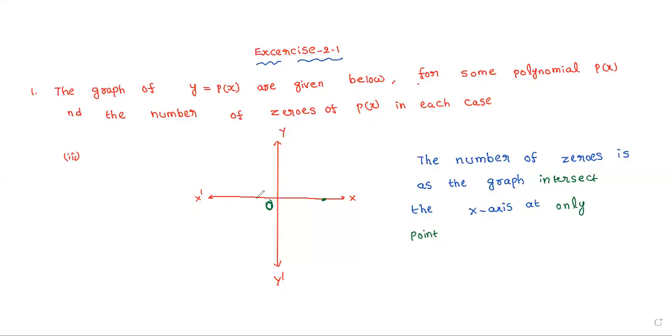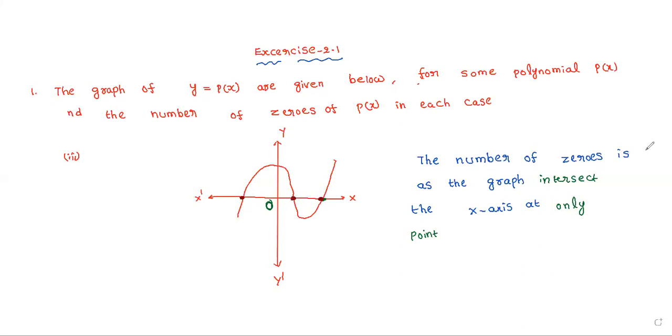Third, please draw the diagram. Please observe ma. The number of zeros is how many zeros? 1, 2, 3.